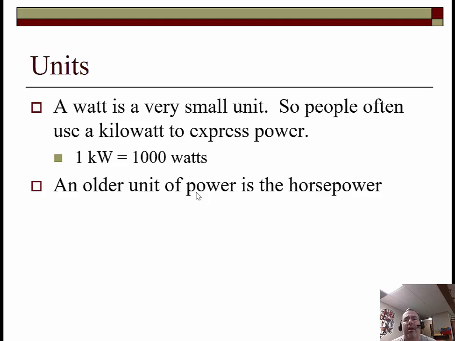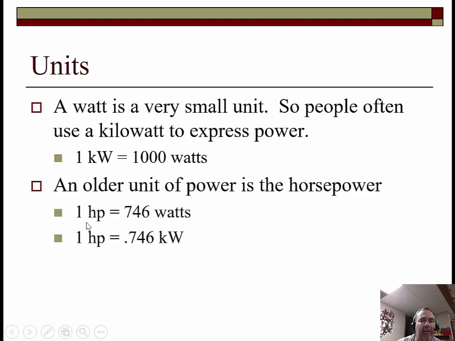A lot of times when they talk NASCAR, drag racing, or automobiles in general, they talk about how many horsepower that engine can put out. A couple of other conversions for power: 1 horsepower is 746 watts. If we're going to kilowatts, notice that 1,000 difference, 3 zeros, so 0.746 kilowatts is also equal to 1 horsepower.